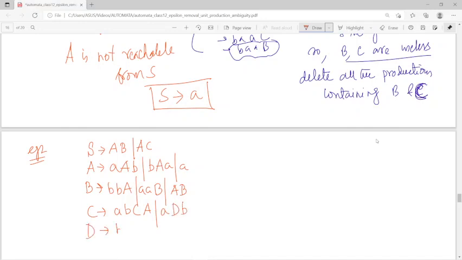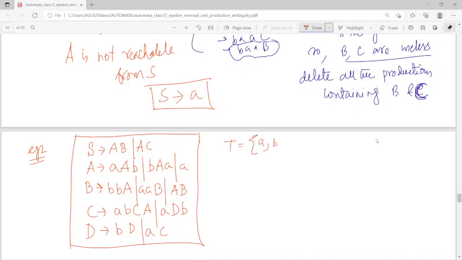From D we will get BD or AC. So that is the corresponding set of rules. And of course in that case the terminals are a and b, and the non-terminals are S, A, B, C, D.